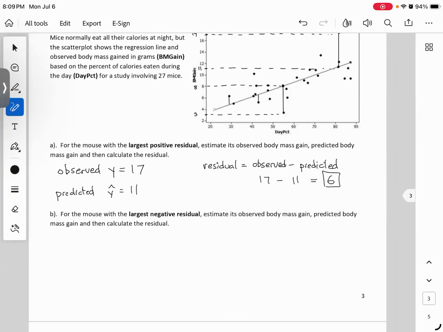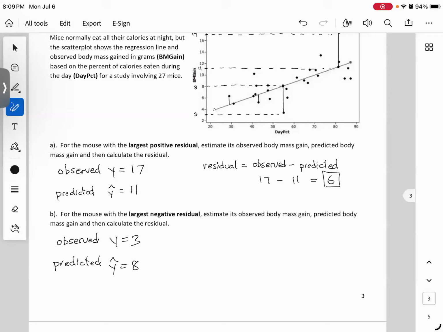So you would do observed, which is 3, and the predicted, which is 8. I'm not too concerned whether you use the correct notation for these, mainly that you do a pretty reasonable job of estimating the observed and the predicted.